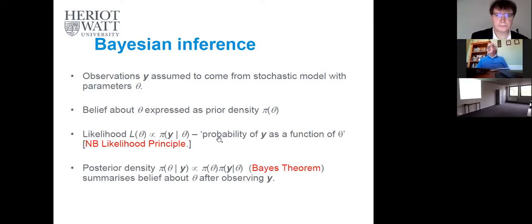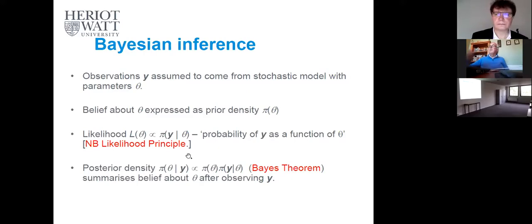Informally, this is the probability of the observations y considered as a function of theta. If you can write down what that likelihood is, then Bayes' theorem tells you that your posterior density pi of theta given y is proportional to the product of the prior and the likelihood. And this then represents your belief about theta having observed the data y.